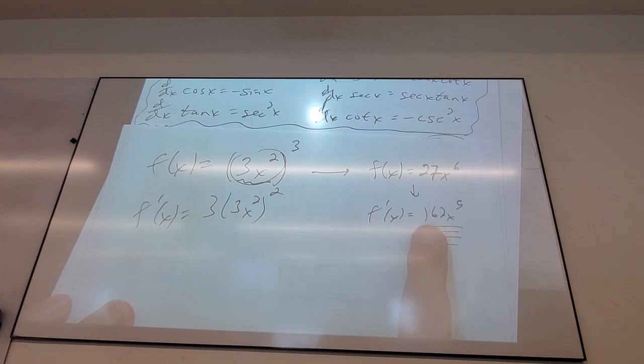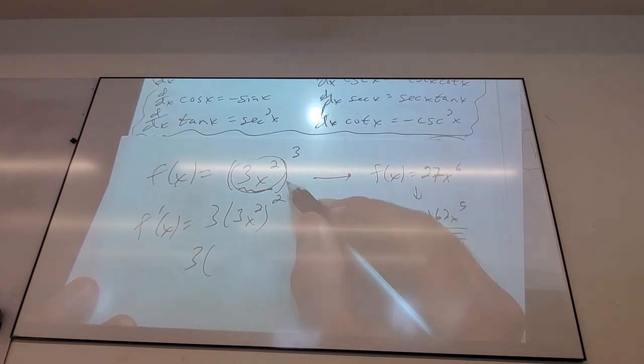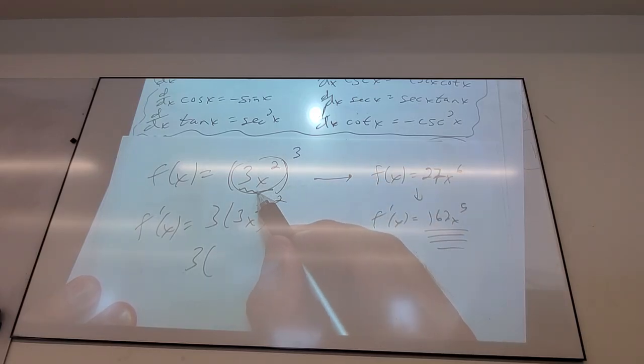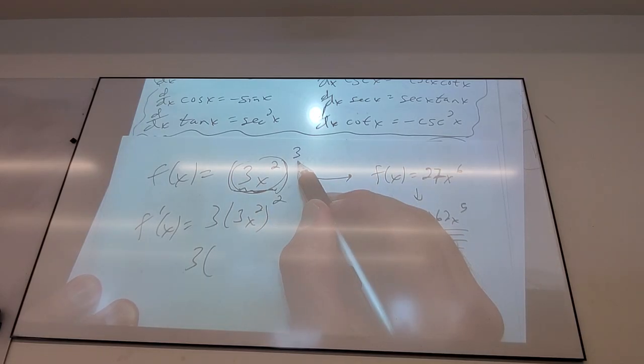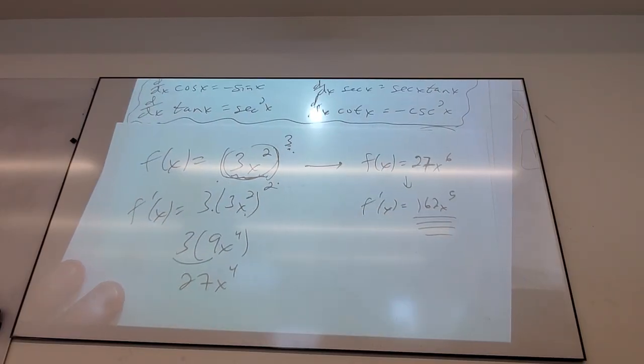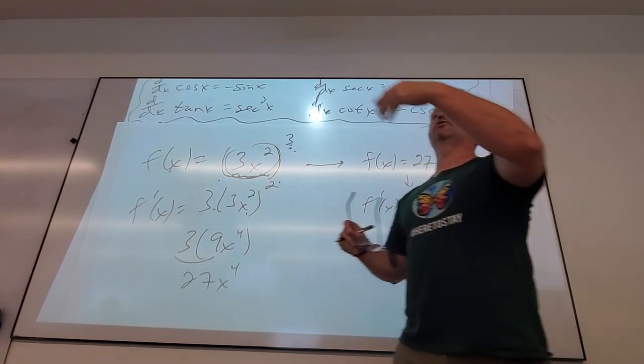Does that jive with this? I said, I know how to do x cubed, and this is just stuff cubed. So x cubed is 3 stuff squared. But does that work? I end up getting 27x to the 4th, yes? Well, you'd have to break that 3x squared twice. Does everybody understand what just happened? How do you do the derivative of x cubed?